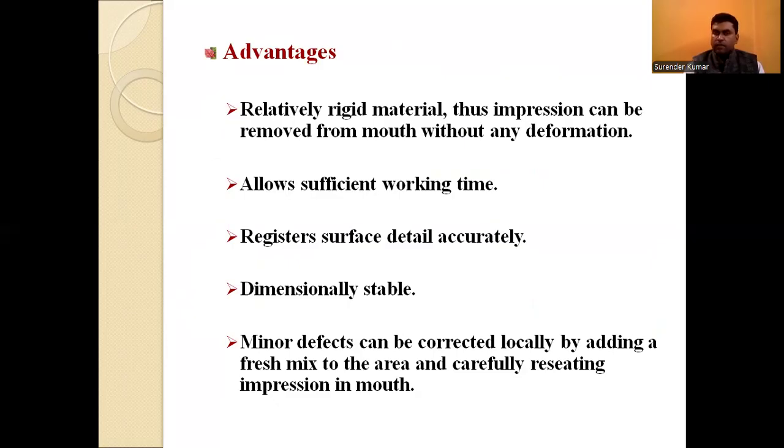It allows sufficient working time, registers surface details accurately, and is dimensionally stable. Minor defects can be corrected locally by adding a fresh mix to the area and carefully reseating the impression in the mouth.